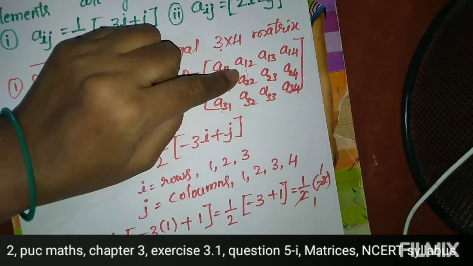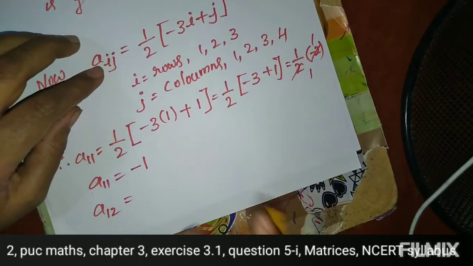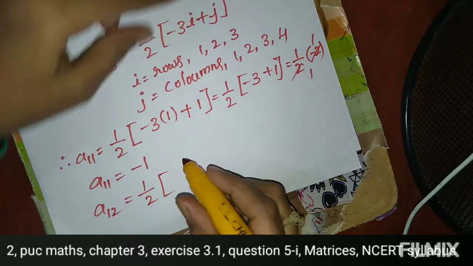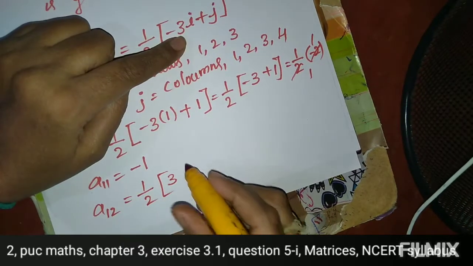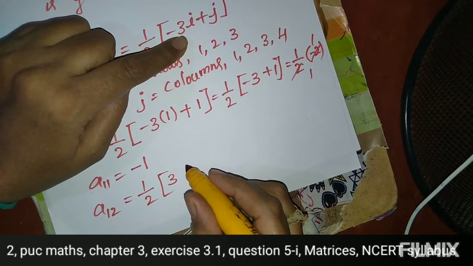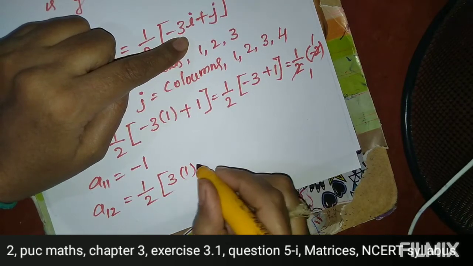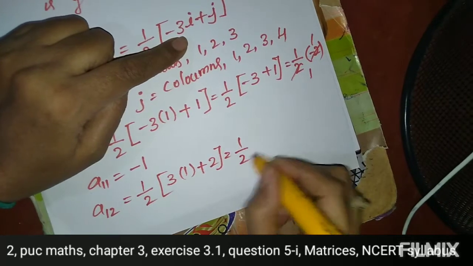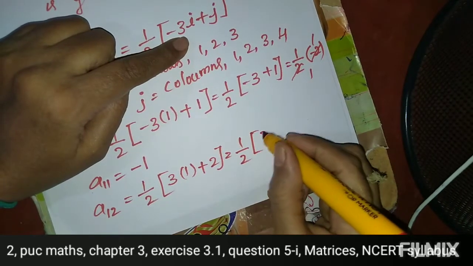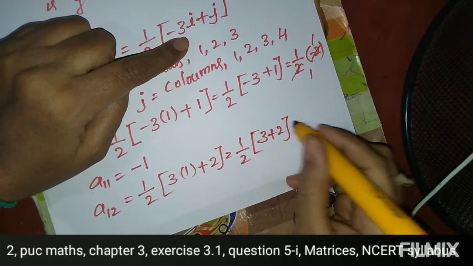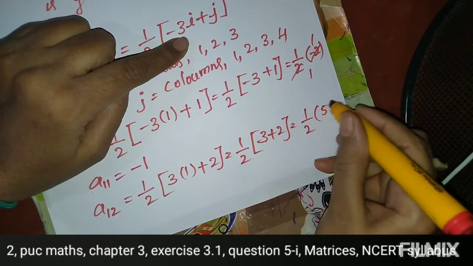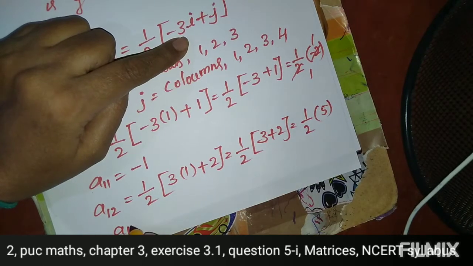This A12 we take. 1/2 into this formula is |−3 into A12|, first row plus second column, is equal to 1/2 |−3 + 2| = 1/2 into 5. Then A12 is 5/2.